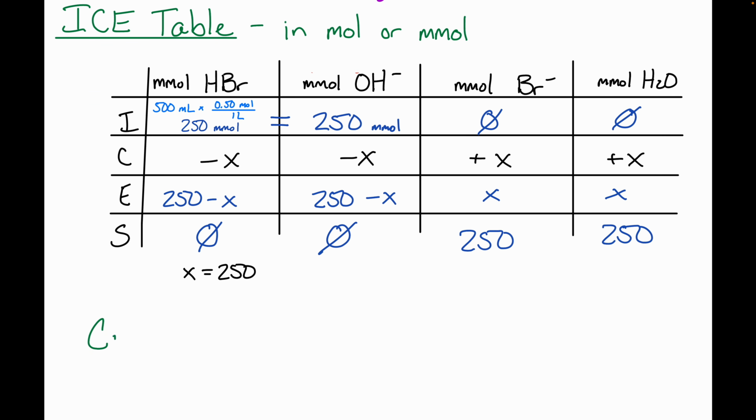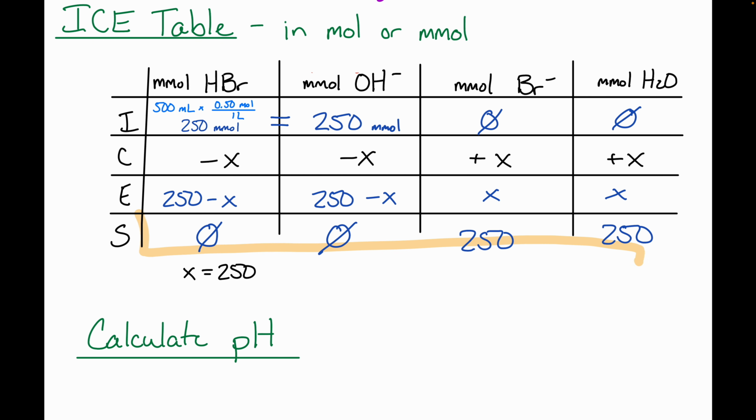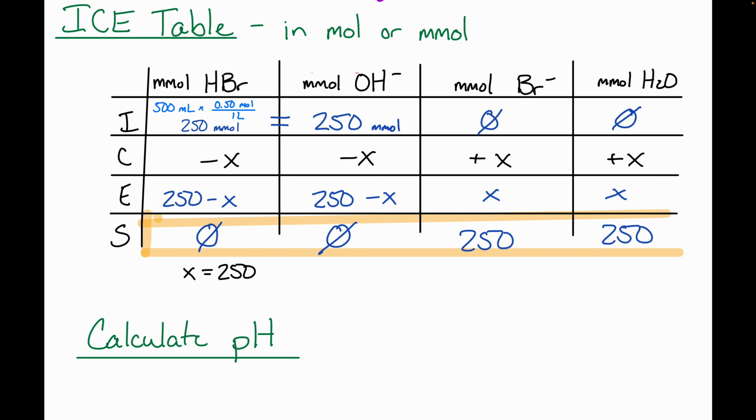Okay, so if we move on to calculate our pH, what do we have left in our solution at this point in our titration? Only the neutrals. Right? I don't have any strong acid. I don't have any strong base. So absolutely, the only thing left over are these neutral conjugates here.